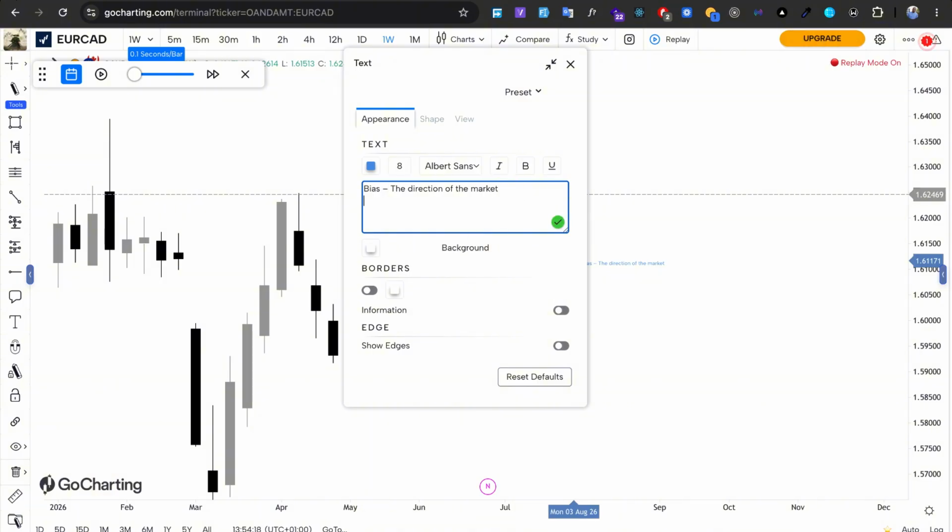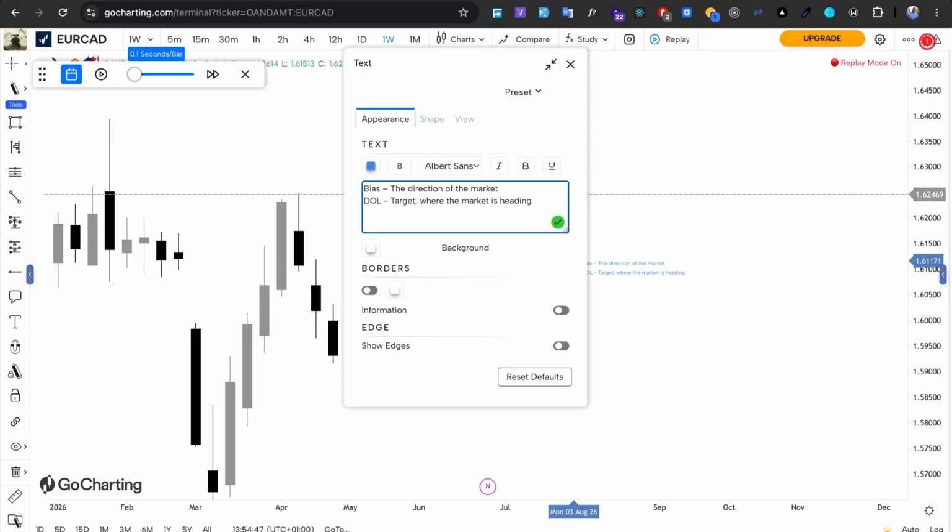The second one is the DOL, draw on liquidity, which is the targets where I think the market is heading.